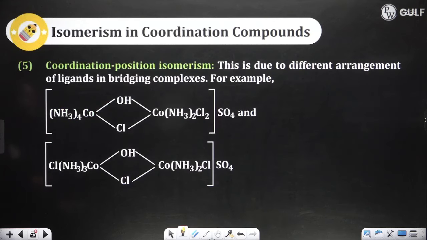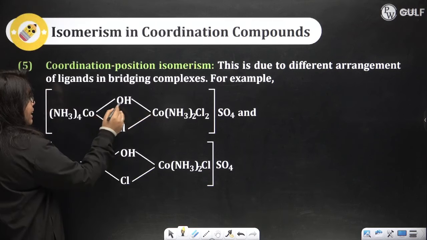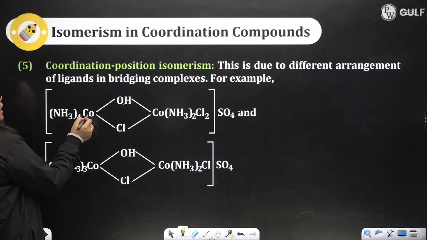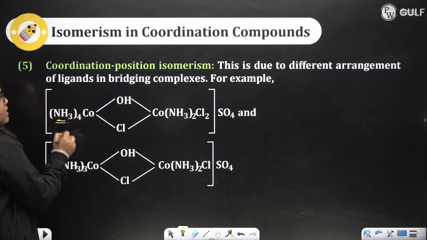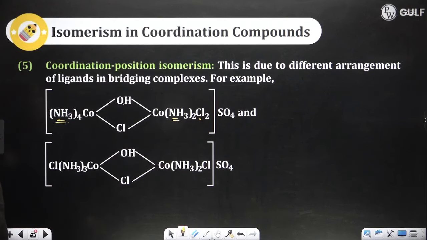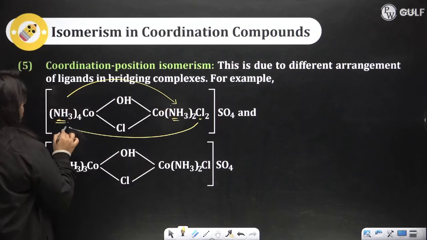Finally, coordination position isomerism. Now these are bridging ligands, OH and Cl, bridging the two metal atoms. But look at this cobalt over here. It has 4 ammonia molecules and here it has 2 ammonia molecules and 2 chlorine. Now exchange takes place. One ammonia comes from this over here and one chlorine over here.